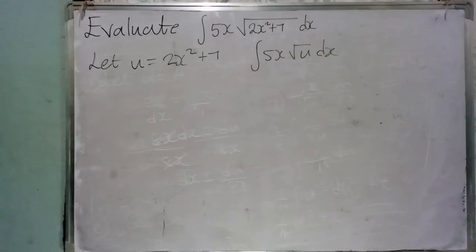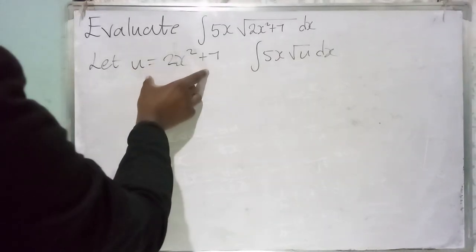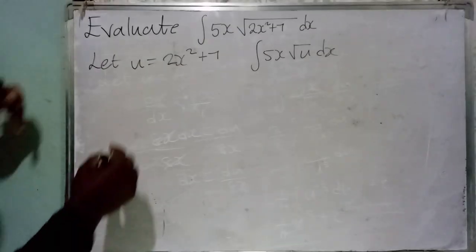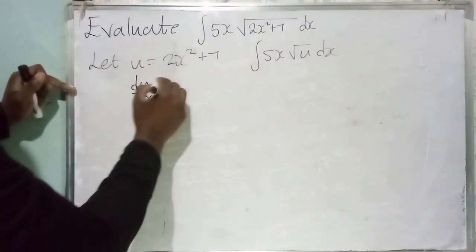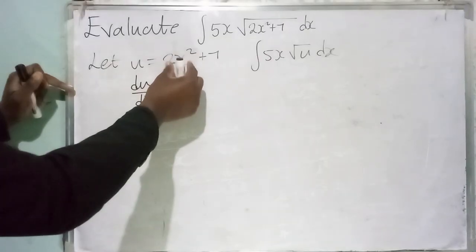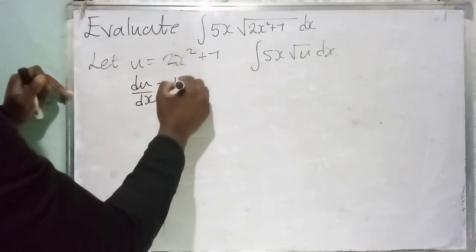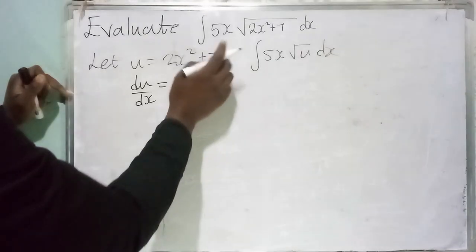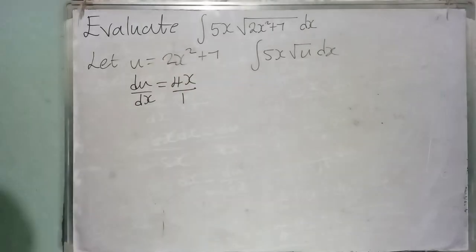What's the next step? The next step is to differentiate this expression. So du/dx is equal to the differential of 2x squared, which is 4x, and the differential of 7, which is 0. Then we make dx the subject.